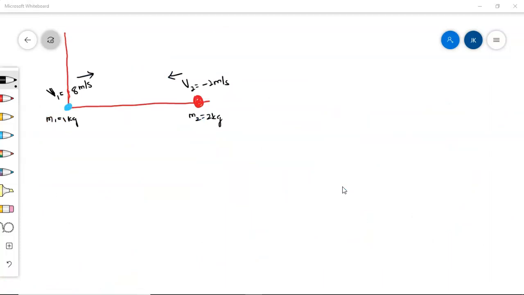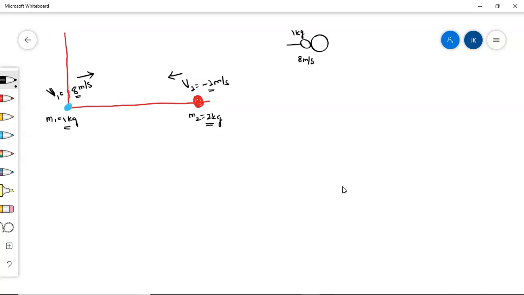Let's discuss the collision. Now one object is 1 kilogram, and the other object has 2 kilograms. The bigger mass has the lower speed and the smaller mass has the higher speed. As they collide with each other, what happens here? 8 meters per second, but it is 1 kilogram.